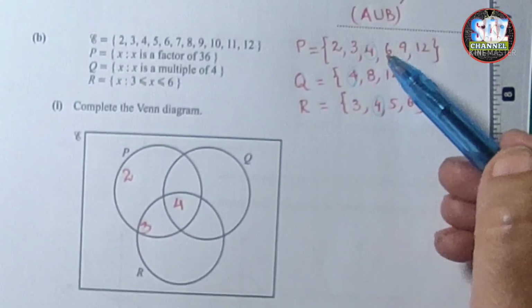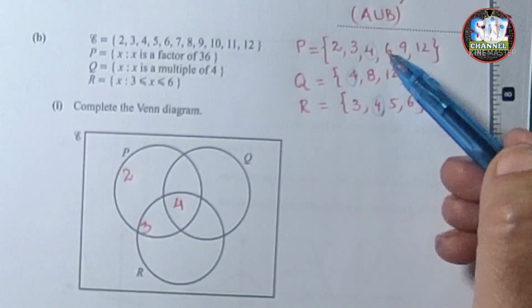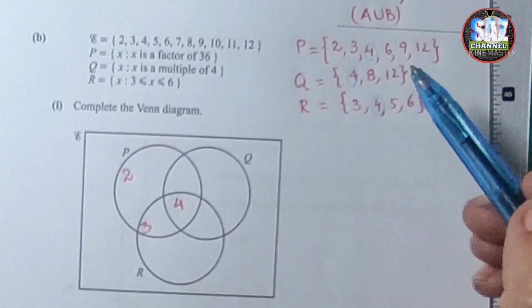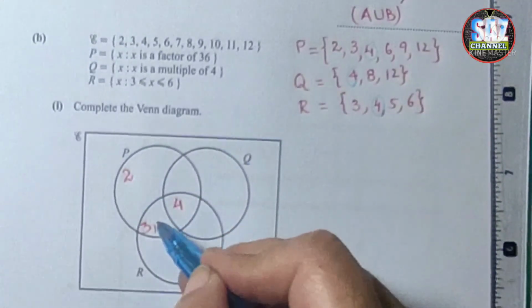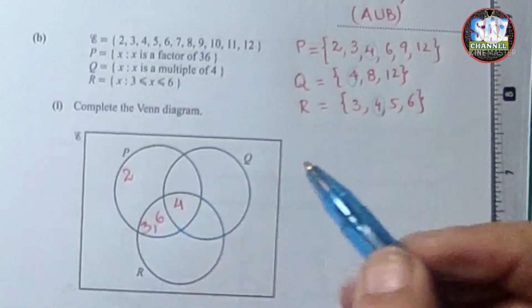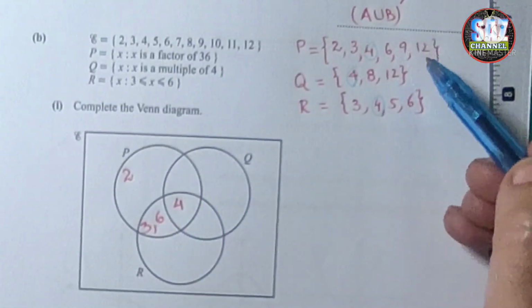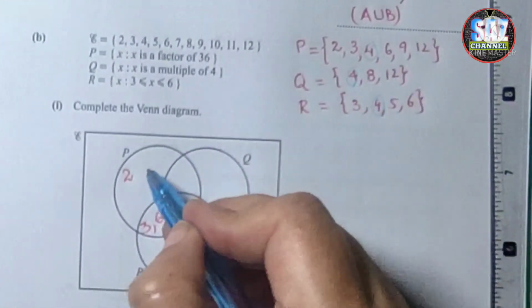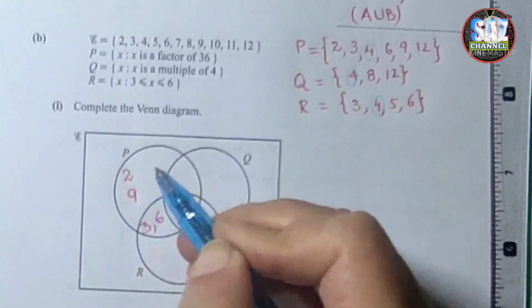Now come to 6. 6 is in set P and set R, so this is the place for the intersection of P and R. This is 6. Coming to 9, 9 is coming in set P only, so I'll write 9 here.